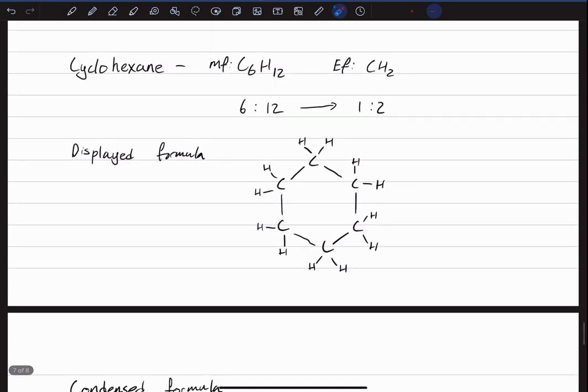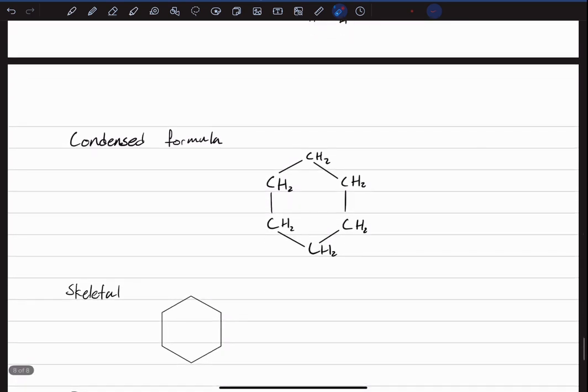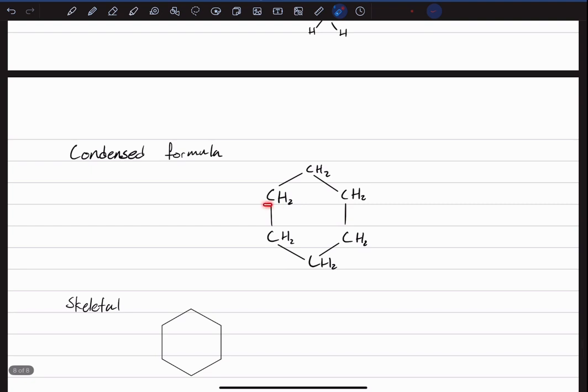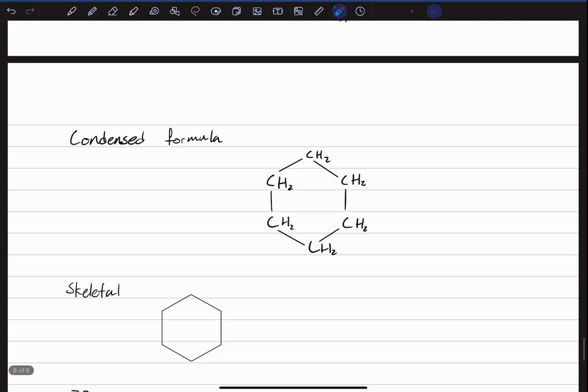The displayed formula is this, where we can see our cyclic compound structure with a ring of carbons in the compound. That's where the name cyclo comes from. And in the condensed formula, to show the cyclical structure, we can only simplify the CH2 and not the structure.